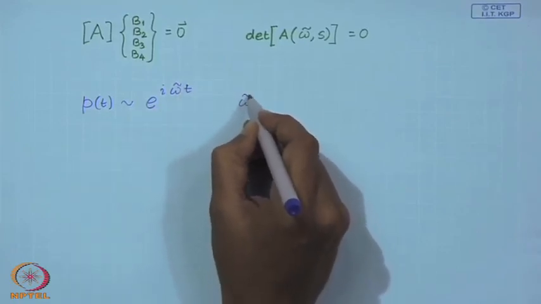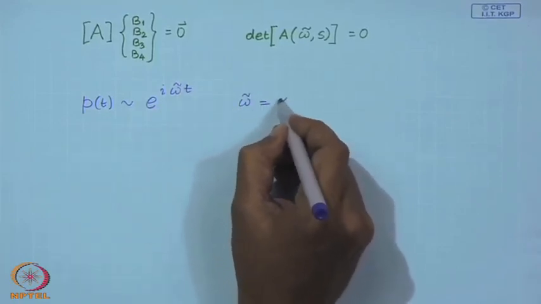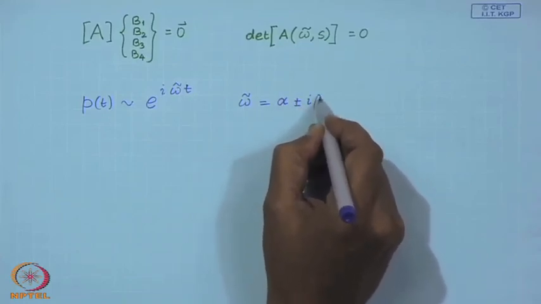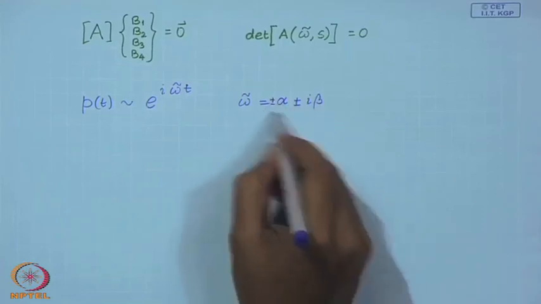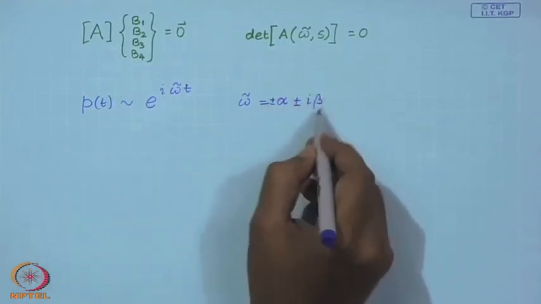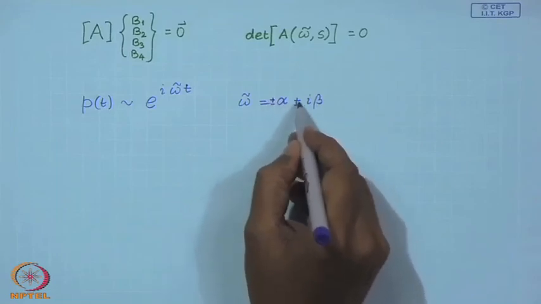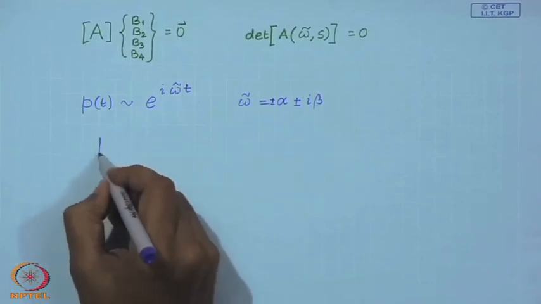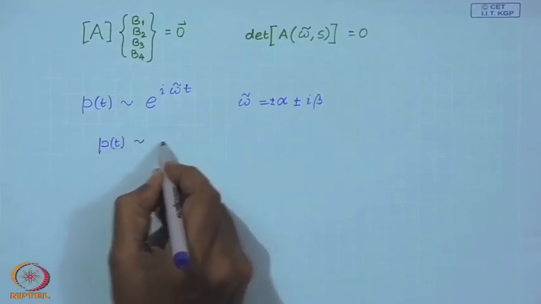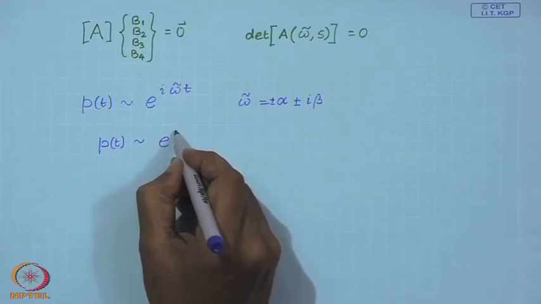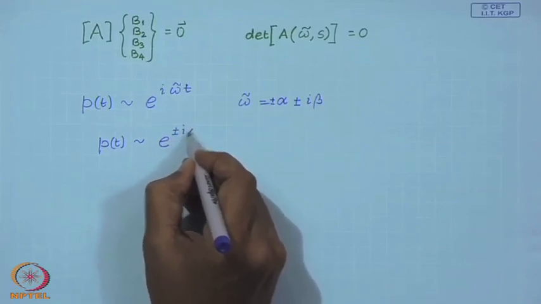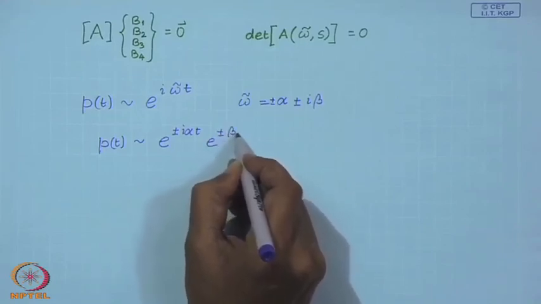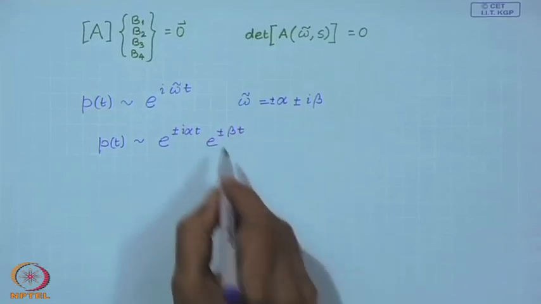Now, as you have seen in the root locus, you have both plus or minus alpha plus or minus i beta. If you consider this solution, you have solutions like this.